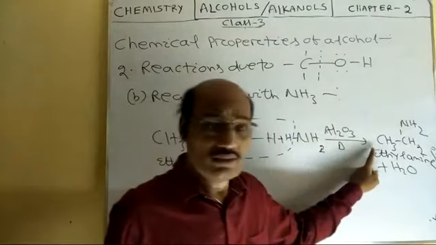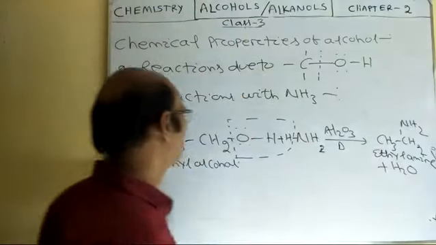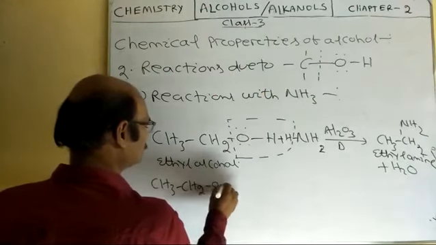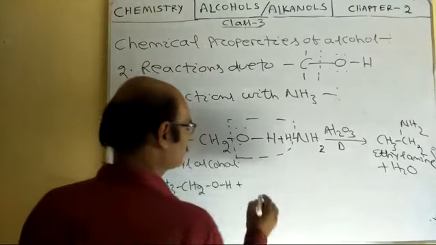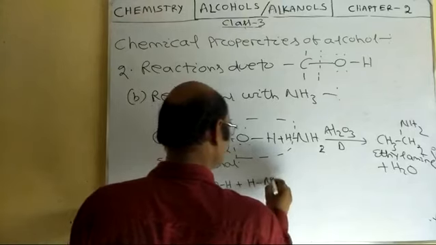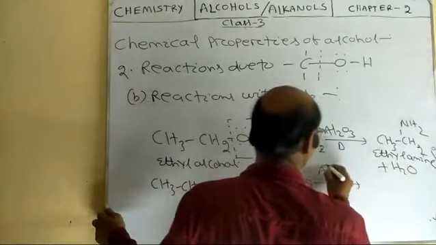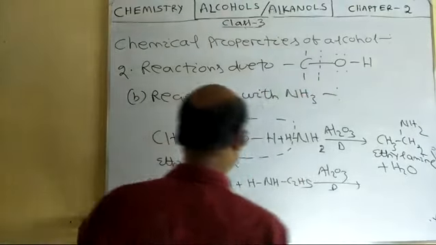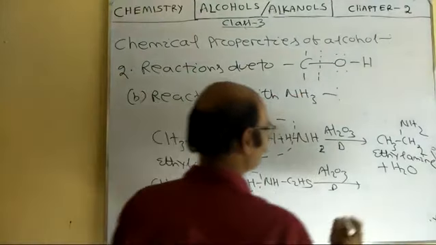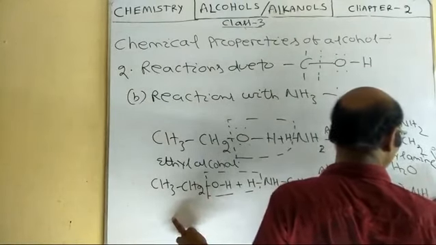Now this ethylamine on further reaction with alcohol, if I take CH3CH2OH plus C2H5NH2 with Al2O3, you get what? (C2H5)2NH.